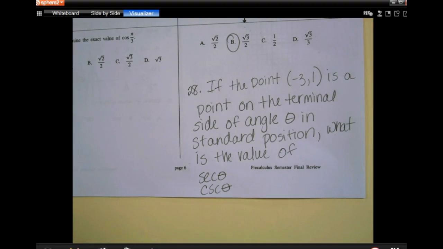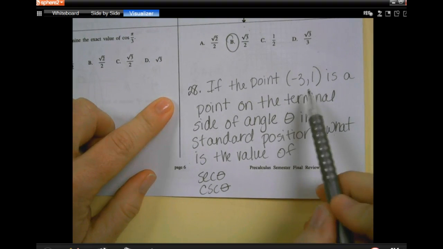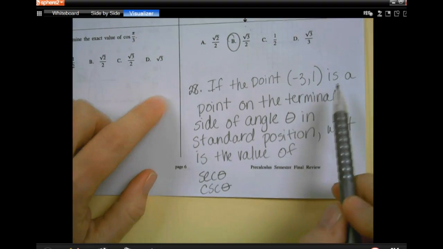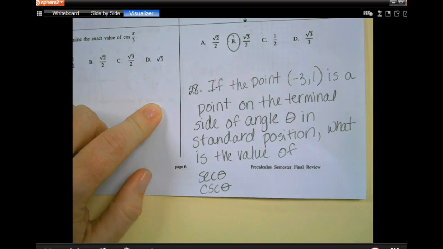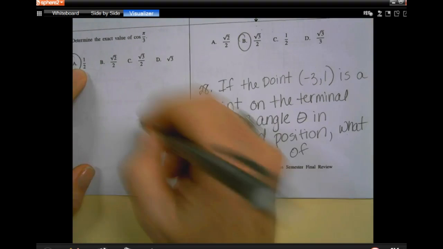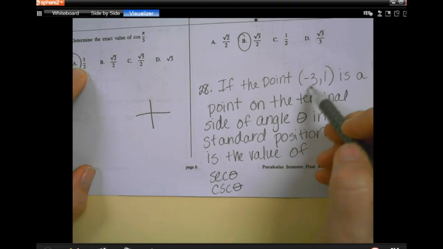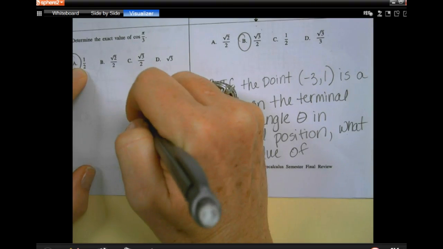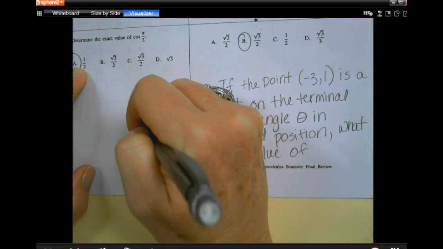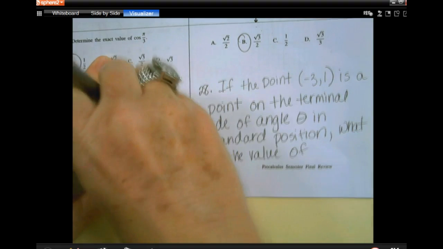All right, there's one workout problem on the test, and this is what it's going to look like. First of all, if it gives you a point like this, negative 3, 1, that's my x and y value. Is that on the unit circle? It's not. So negative 3 is the x, and the y goes up because it's positive.